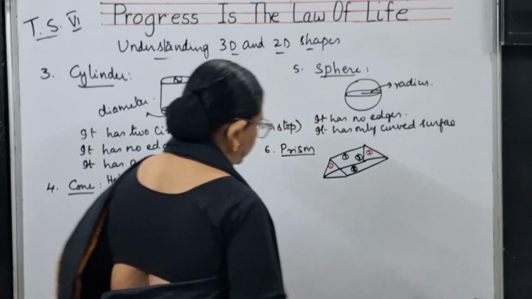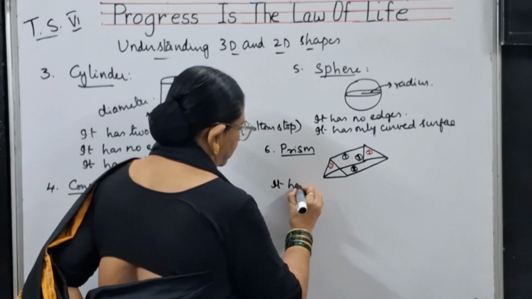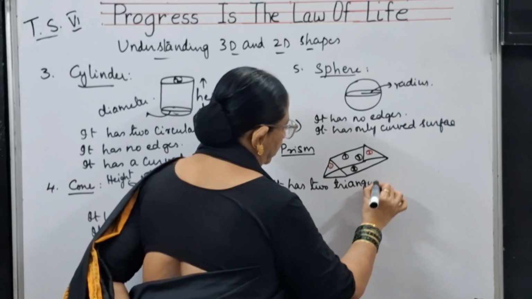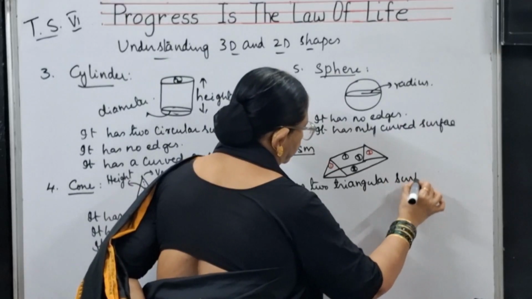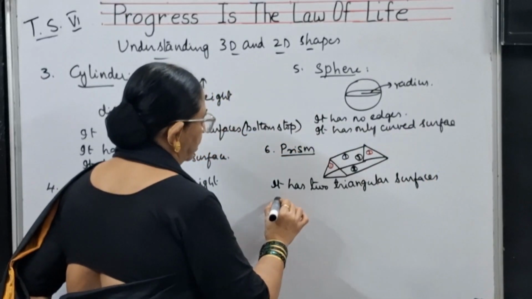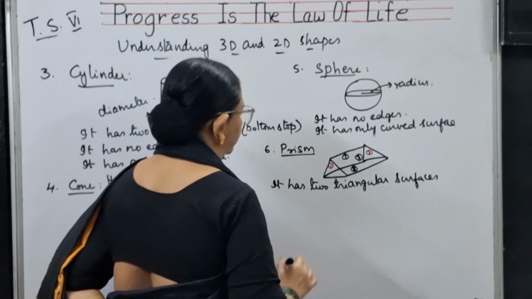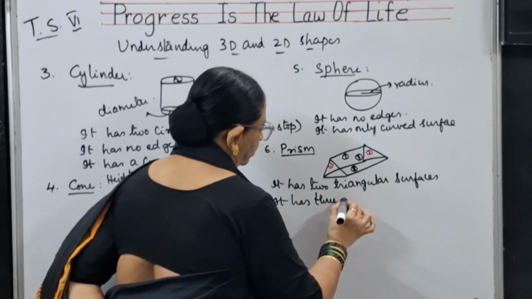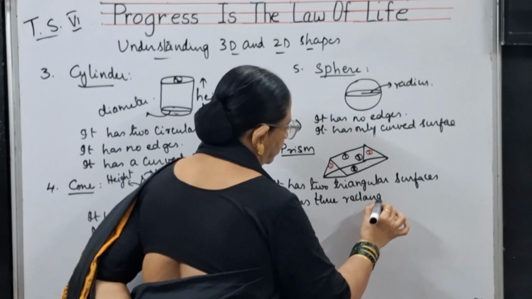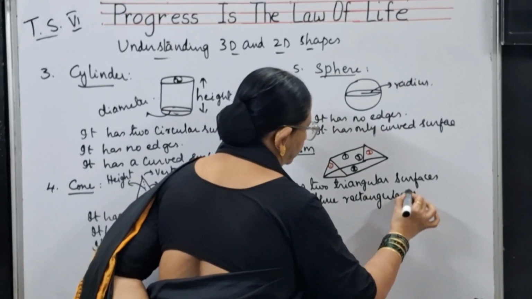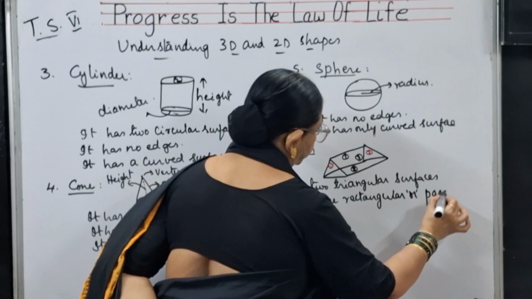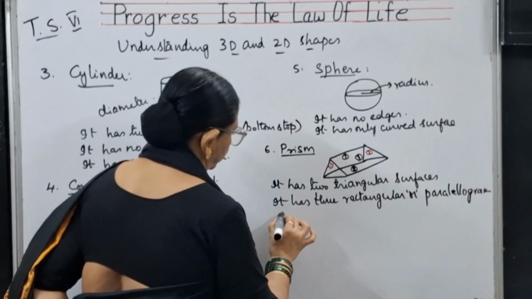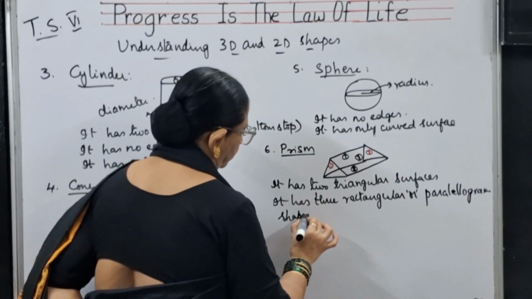So how can you say it? It has two triangular surfaces, and it has three rectangular or parallelogram shaped faces.